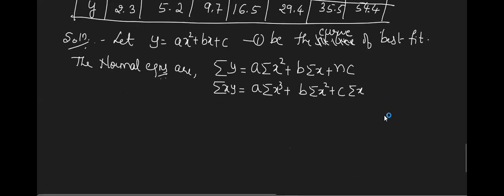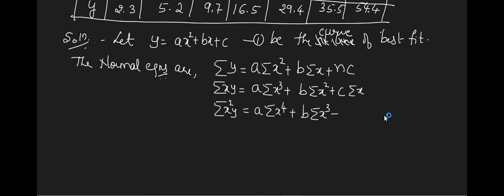One of you can help me write the third normal equation fast. Summation x square y is equal to a into summation of x raised to 4, b into summation x cube plus c into summation x square. Yes, take this as equation 2.